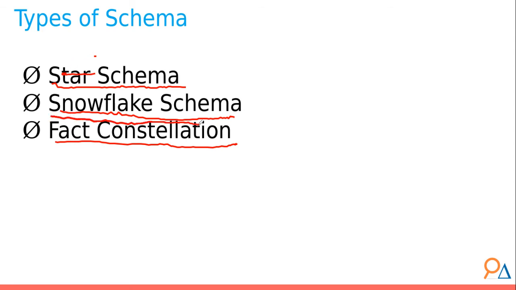In fact, fact constellation is sometimes called galaxy schema because it is a collection of star schemas. So the two remaining schemas come from the star schema. The snowflake schema is just multiple divisions of this one, and the constellation schema is a collection of star schemas.